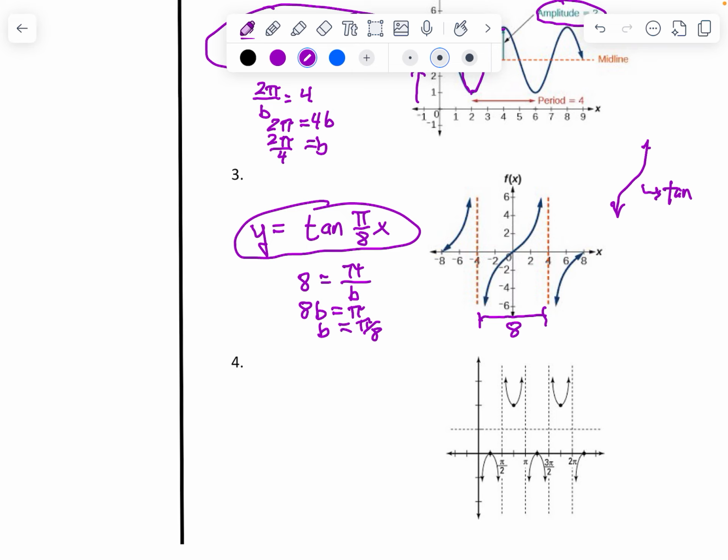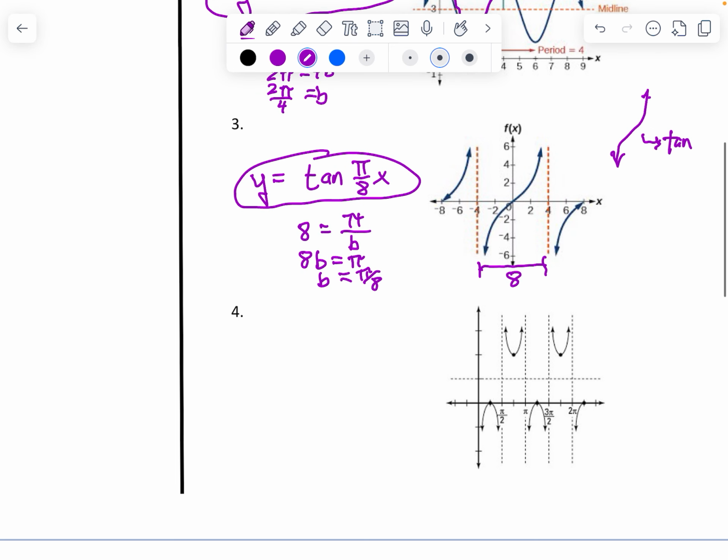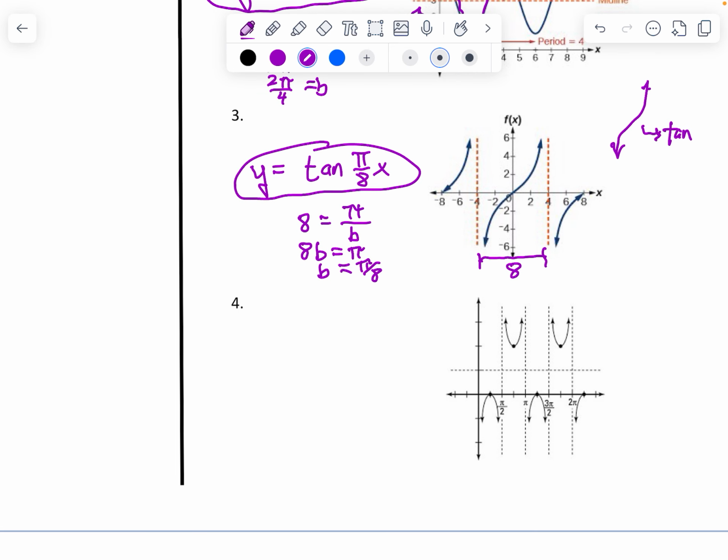All right, and lastly here, we're going to look at this one that looks like it's either a secant or a cosecant, and we have to decide which one we want to use. We could use either. But what I'm going to do is sketch out what could be the sine or cosine graph by looking at the asymptotes. And notice where there's an asymptote, the sine or cosine would be a 0 value on the midline.